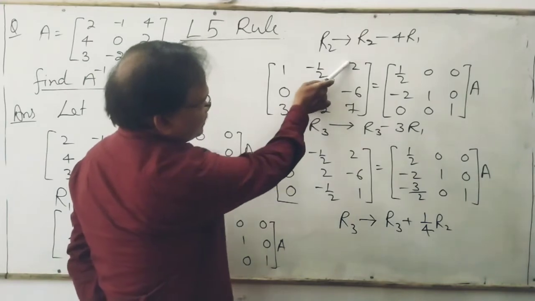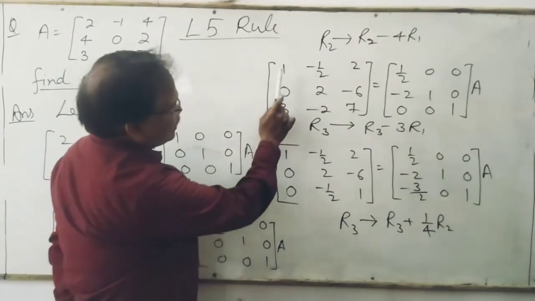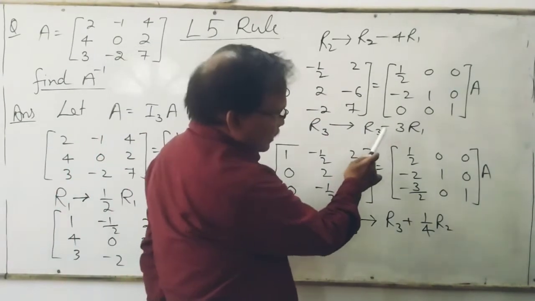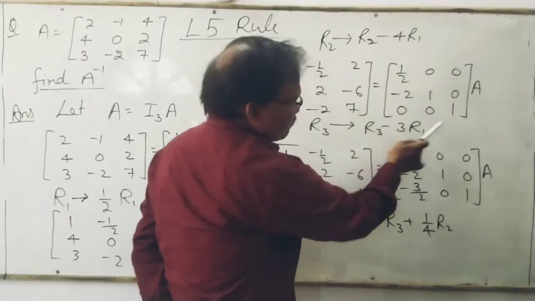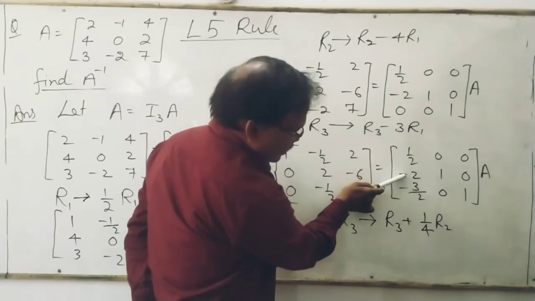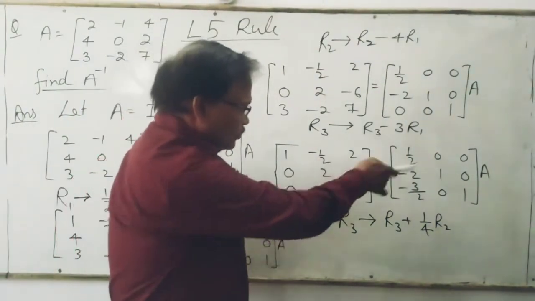Similarly 7 minus 6 will be 1. So only this row will change and the other two rows will be the same. Do R3 minus 3R1 in this way on the right hand side also. Only that will change and R1 and R2 will be the same. So this is the method.